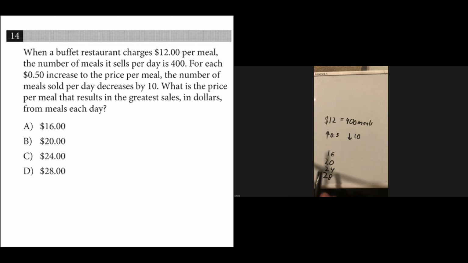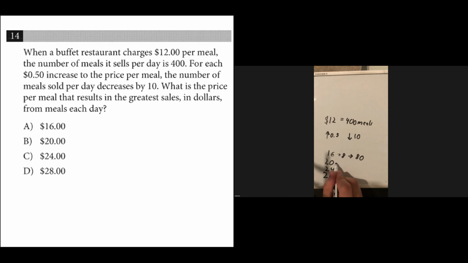And so if the price is 16, then how many times did we increase the price by 0.5? Well, 16 minus 12 would be 4. So 8. So we did this 8 times, which means that we lost 80 meals.